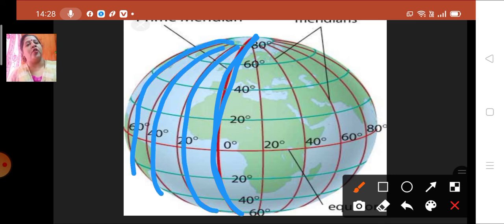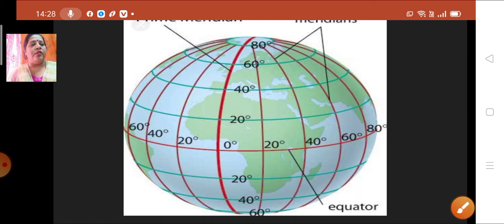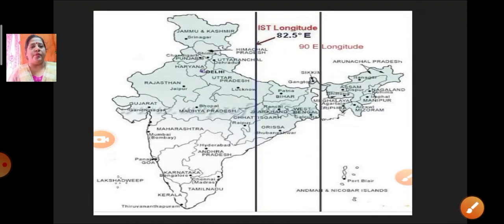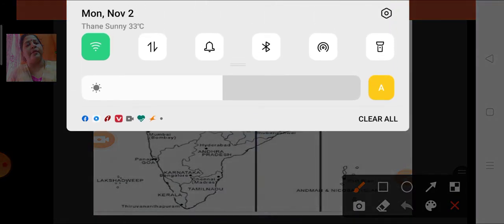These are all called meridians. Yes or no, children? Now from these meridians, which meridian determines the Indian Standard Time? Here you can see India. In India, here you can see this meridian.